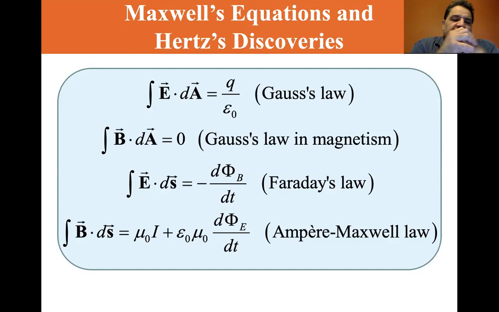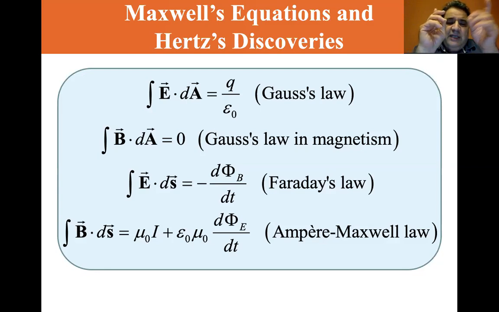Now, Faraday's law: the integral of E dot ds is equal to minus d phi dt of the magnetic field. That means that you get an electric field when you have a changing magnetic field. Remember, we talked about dB dt, dA dt, or d cosine theta dt.